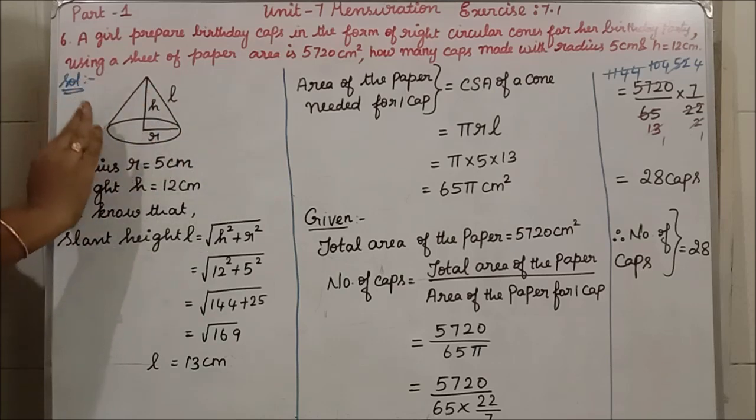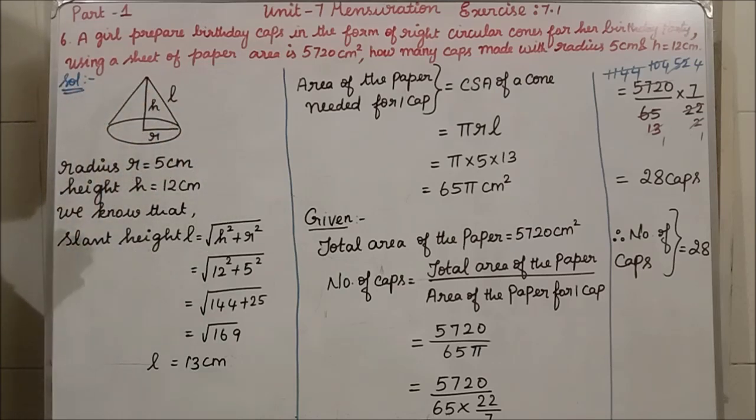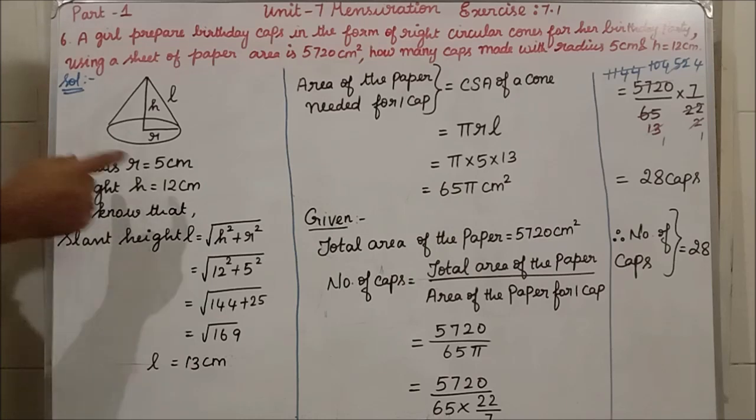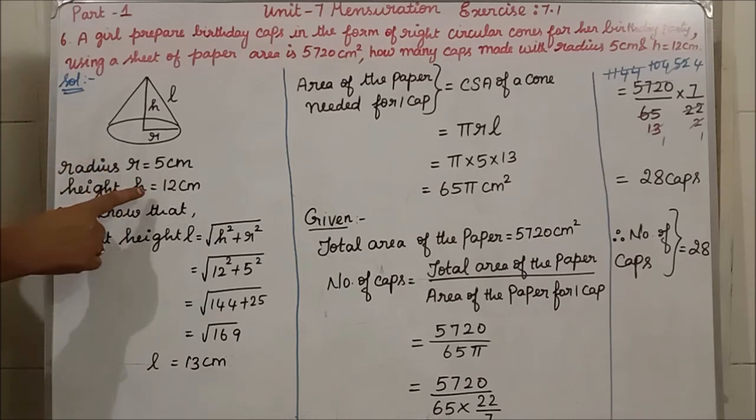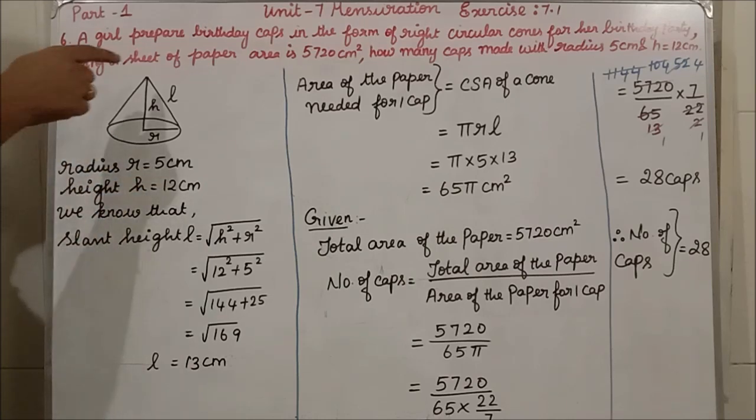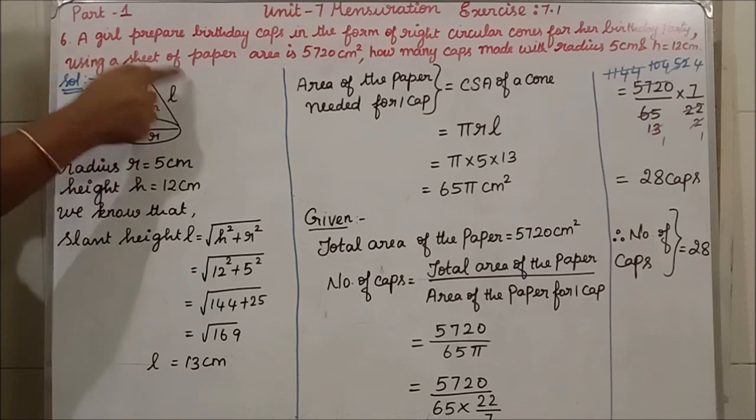So, what is the formula for CSA of a cone? Pi r L. But in the question they have given the height h. We don't need this height. We need the slant height L value.